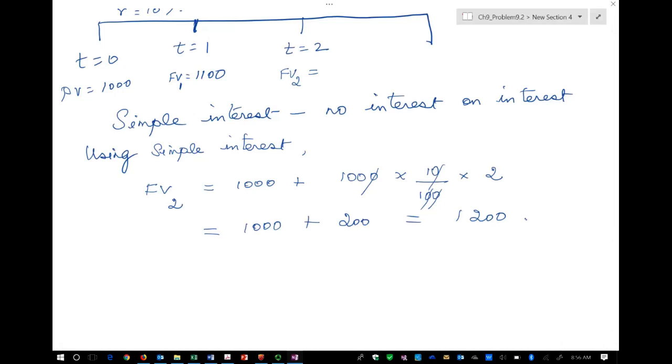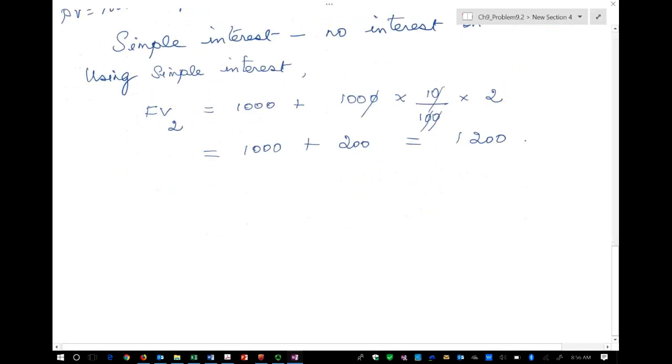Now, what is compound interest? Compound interest is when you earn interest on interest, a very important aspect.